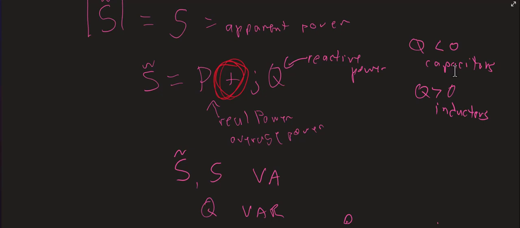And so whether you have a plus or minus here depends on whether it's leading or lagging. If it's leading, then you have minus. If it's lagging, then you have plus.